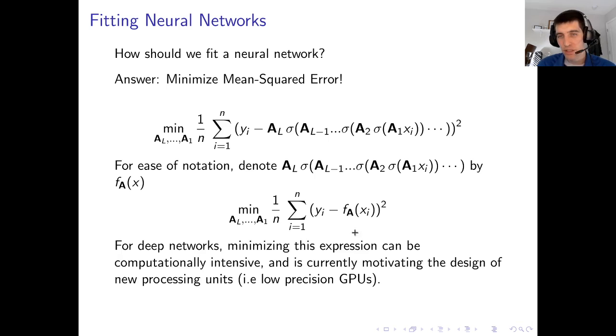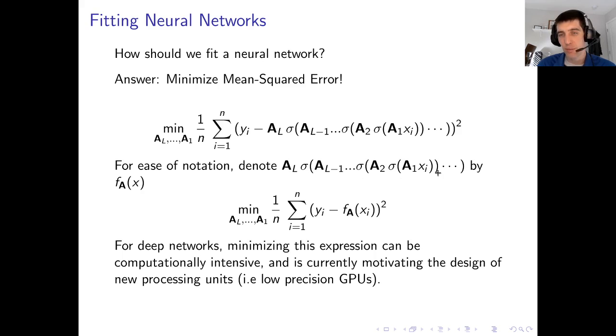Minimizing this expression can be computationally intensive. In particular, it's one of the reasons that neural networks have been around since the late 80s, as we mentioned, but weren't able to take off: hardware limitations. This can be difficult to minimize in general.